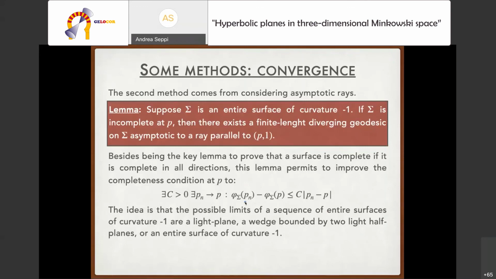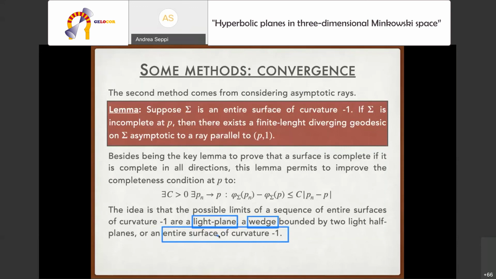And the possible limits are either a light plane, so something degenerate, or a wedge bounded by two light half planes. A wedge region, which is in the future of two half planes which intersect on a space-like line, or an entire surface of curvature -1. These are all possible limits.